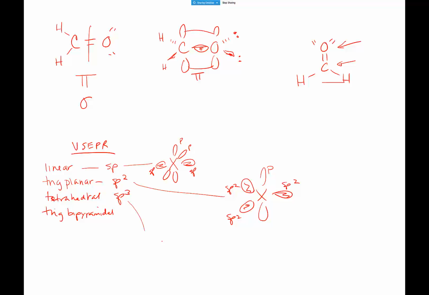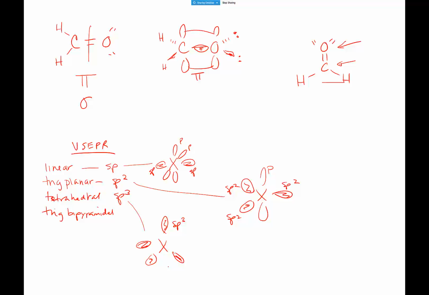And then for sp3, the atom's going to have four hybrid orbitals, and so it's going to have its four sp3 hybrid orbitals with no p's. So that's the first step, is we need to assign the hybridization of each of the non-hydrogen atoms.